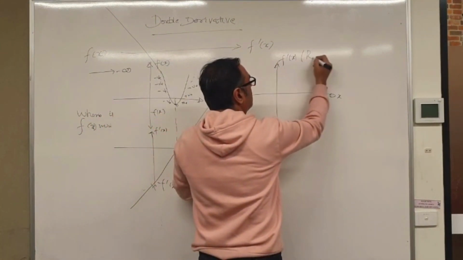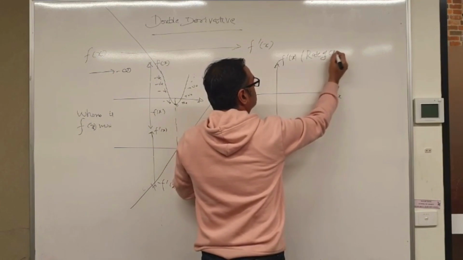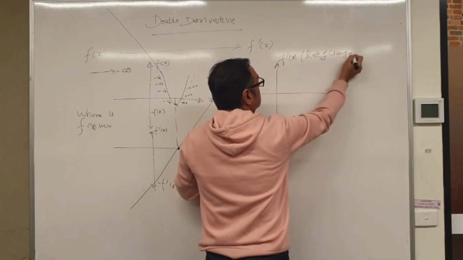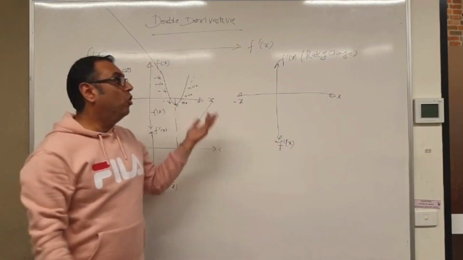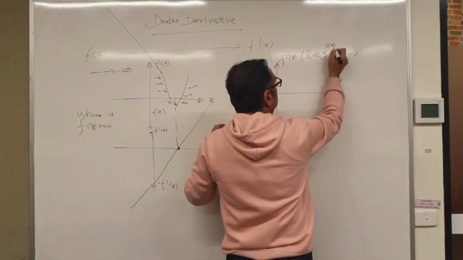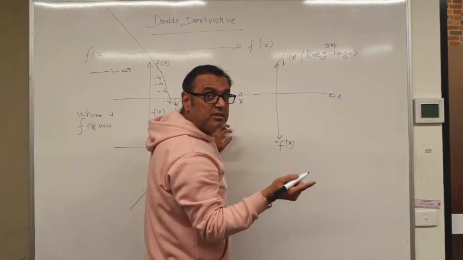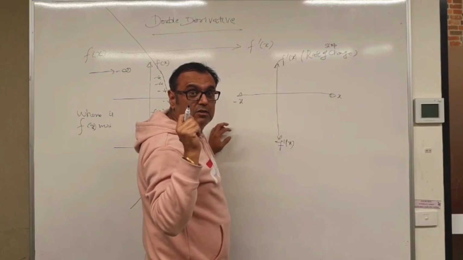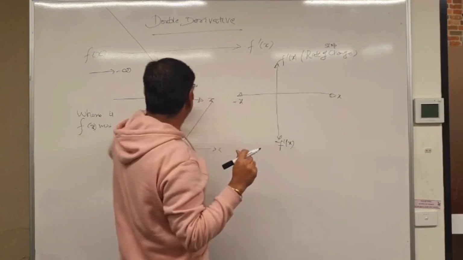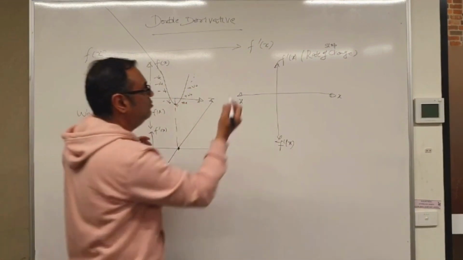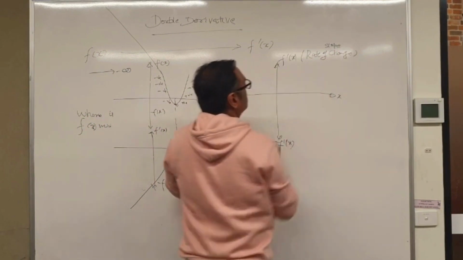It's called the rate of change, the instantaneous rate of change, or the slope of the tangent at a point on the graph. So basically the slope.